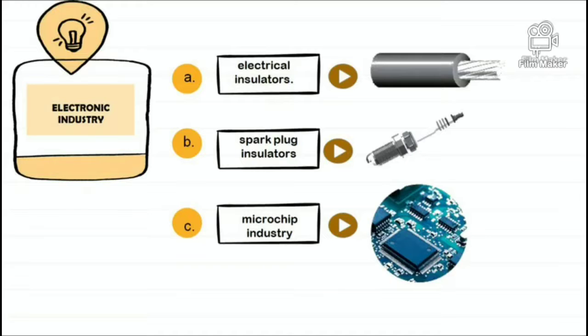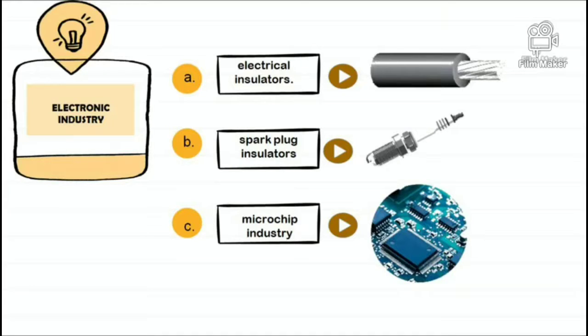So, in the next slide, we are going to talk about how aluminum is used in the electronic industry. As we all know, aluminum oxide has high melting and boiling points and excellent thermoresistive properties that make it desirable in the manufacture of high temperature furnace installations and electrical insulators.